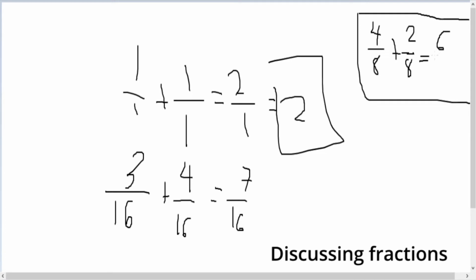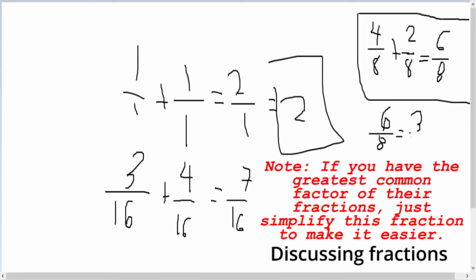You need to copy the denominator 8, because it does not change for similar fractions. Now you can find the answer. 6 over 8 can still be simplified, so it becomes 3 over 4. Now you have the answer.